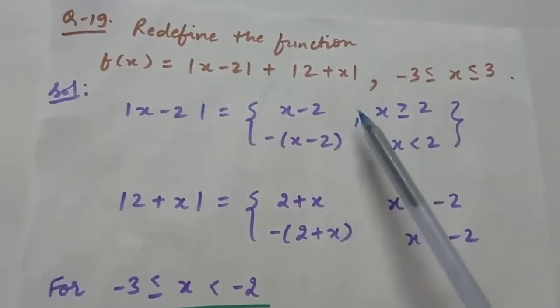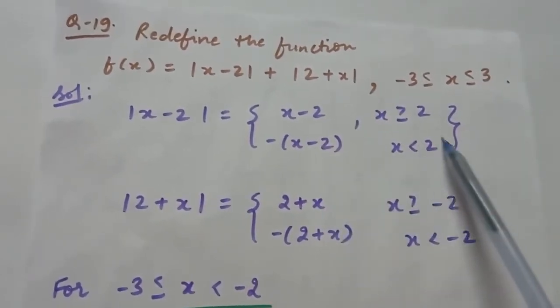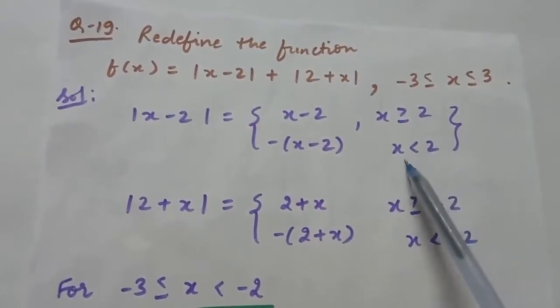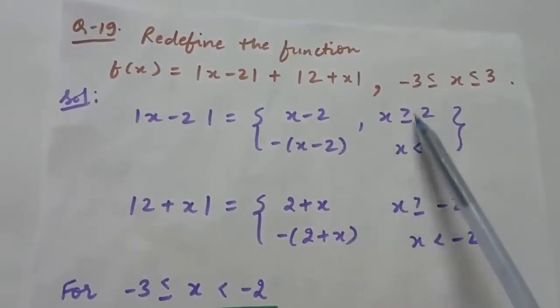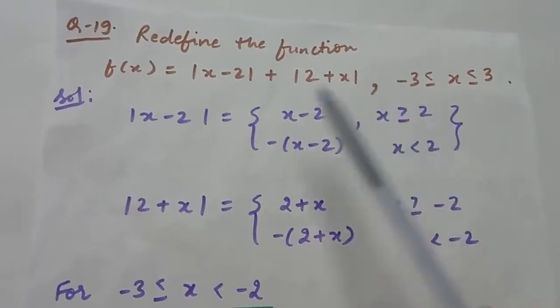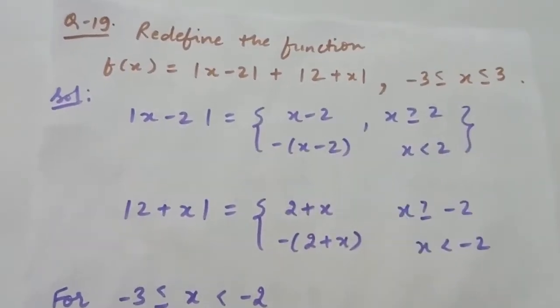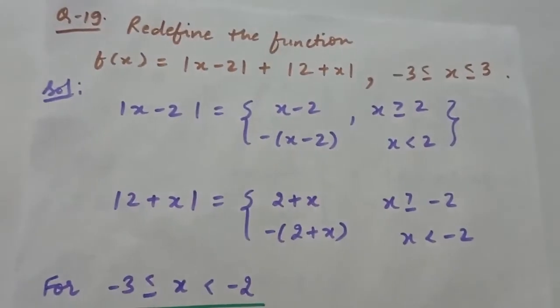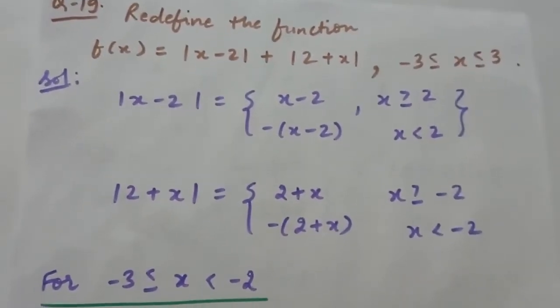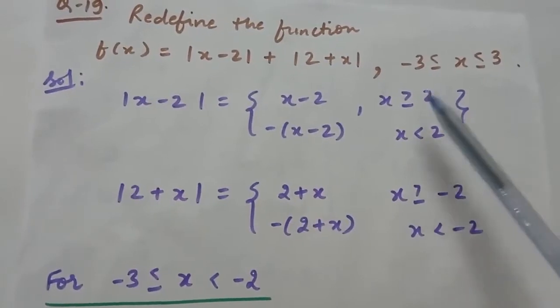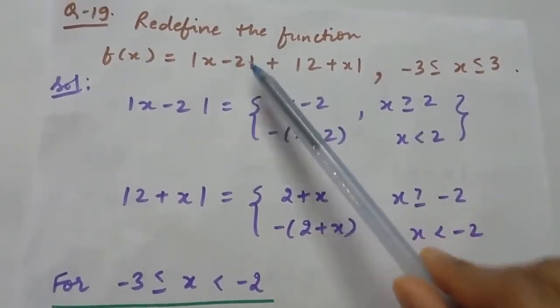And similarly here, when the value is less than 2 the function will be this, but at 2 or greater than 2 the function will assume this value. Therefore in this range we will consider these two values of x, -2 and 2, to redefine this function.